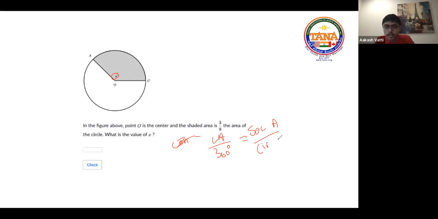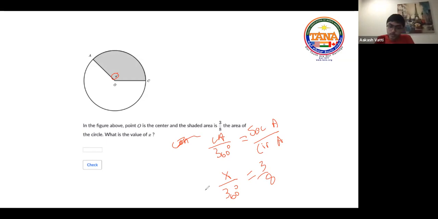So x, which is your central angle, over 360 degrees, is equivalent to 3/8 because the shaded area is 3/8 of the total area.